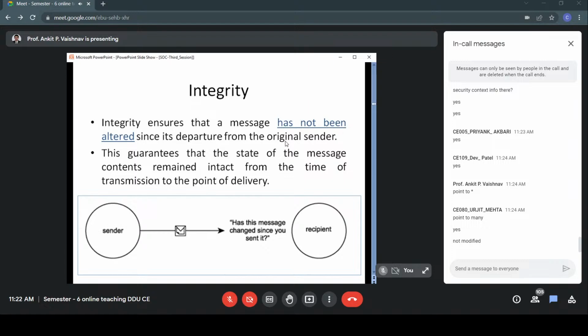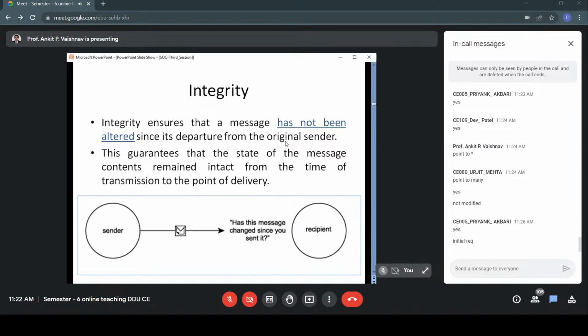So that's why, which term did we use for original sender? Anyone remembers that? There were 5 roles, right? Initial requester or initial sender? Yes, correct, right? Okay. So integrity guarantees that the state of the message contents remains intact, right?